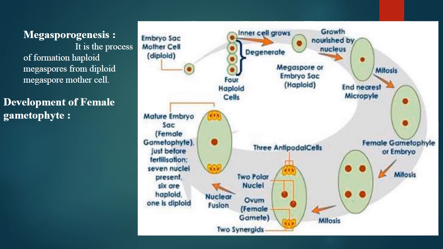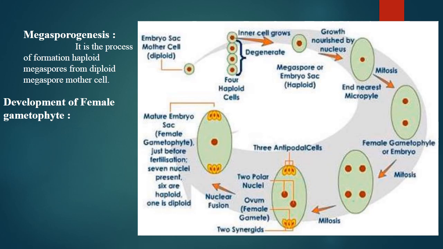A female gametophyte is colorless. This is the embryo sac mother cell. This is diploid. There are 4 haploid cells. The upper 3 cells abort and the lowest one is nearest the nucellus.